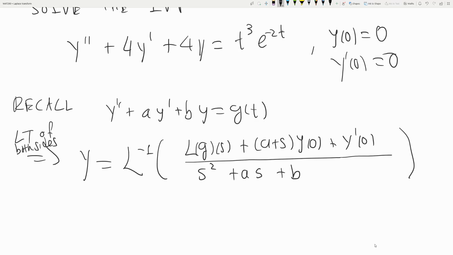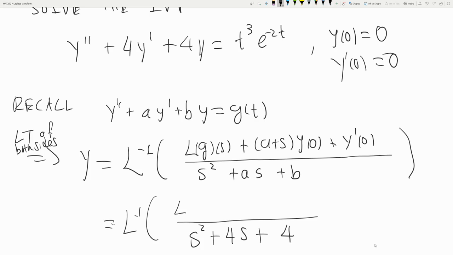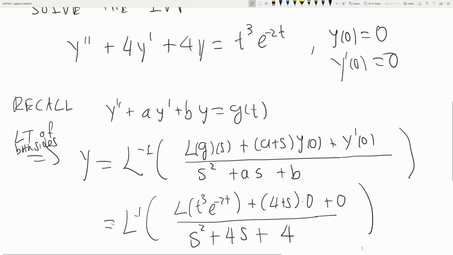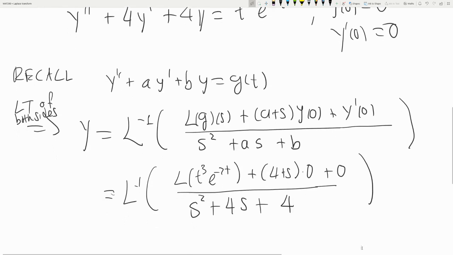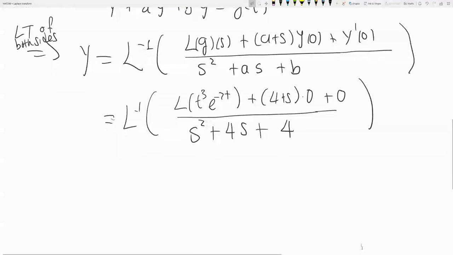All right, so we just plug in what we have. So Laplace inverse of 1 over s squared plus 4s plus 4, Laplace transform of t cubed e to the minus 2t. And then the other two are 4 plus s times 0 plus 0. Okay.